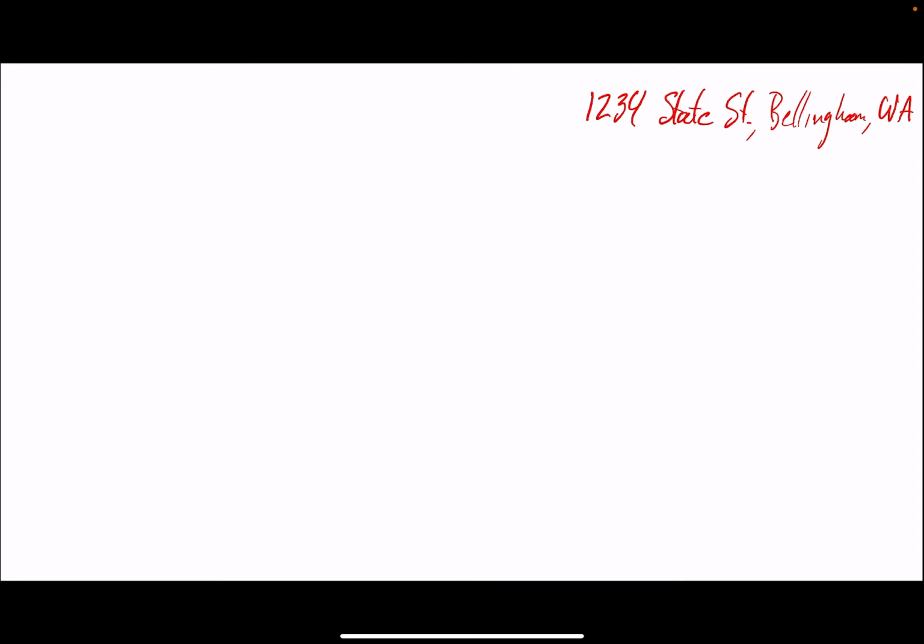We have four bits of information here that from left to right increase in range or territories. So the 1234 house number is the smallest detail in the address.